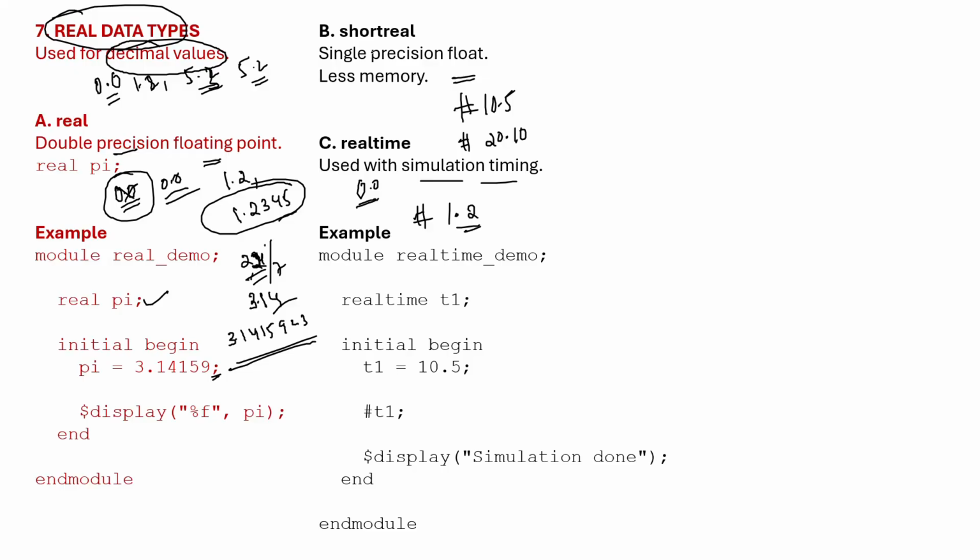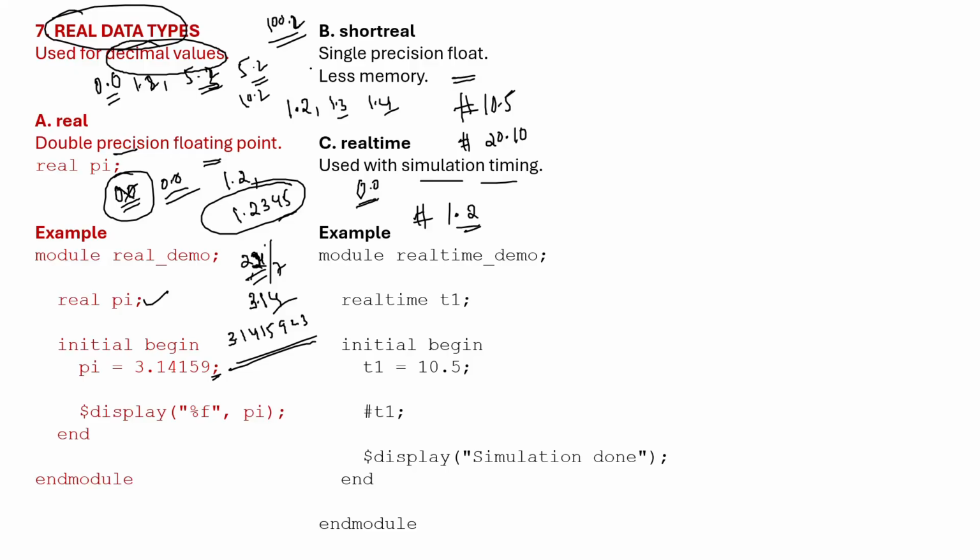Single precision values means it can store only up to 0.1, 0.2, 0.3 after the decimal, a single floating value. That means 1.2, 1.3, 1.4 or 10.1, 10.2 or 100.2. In this way it will be storing that.